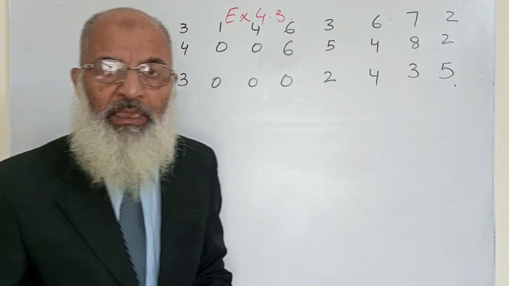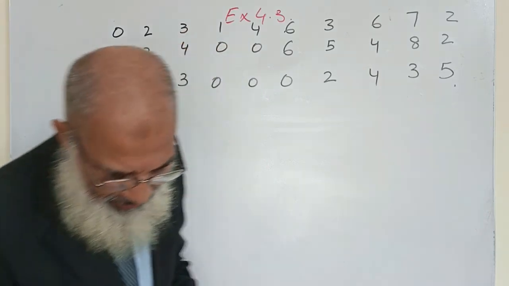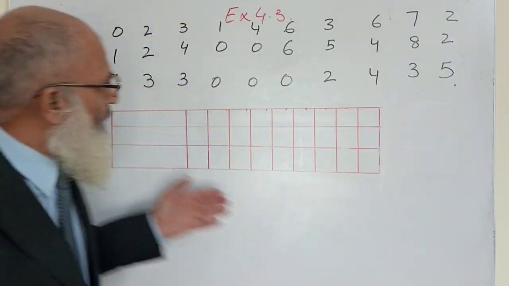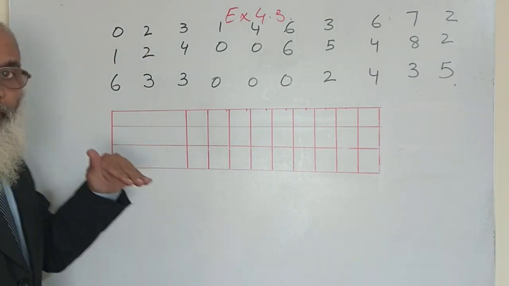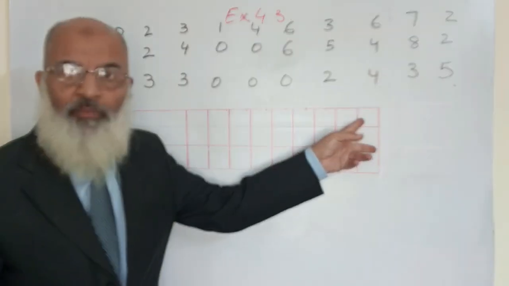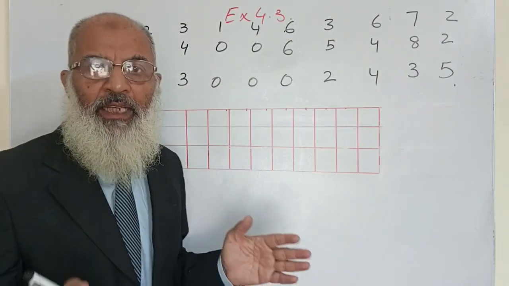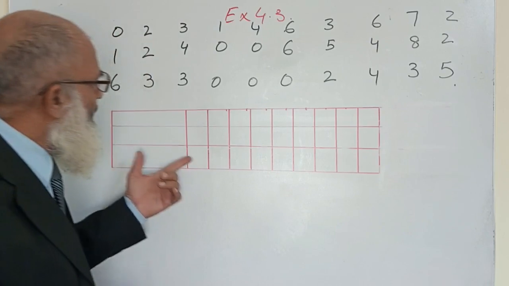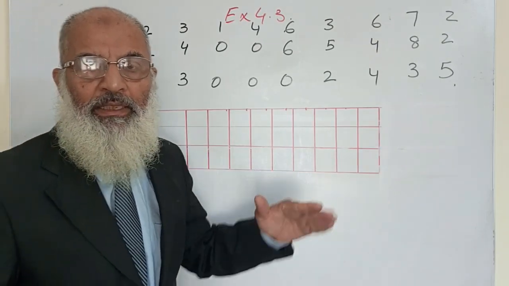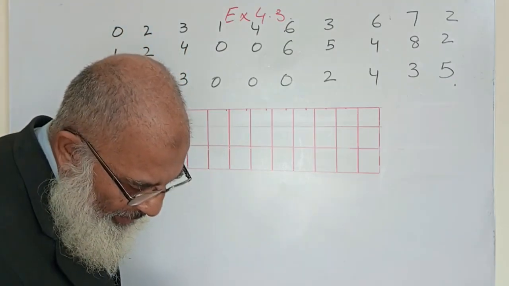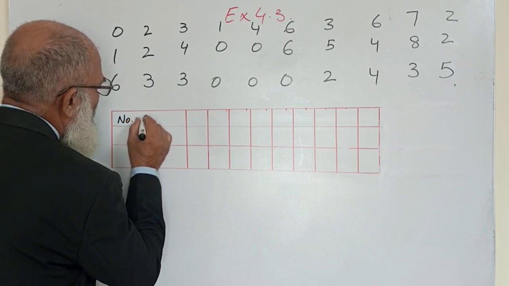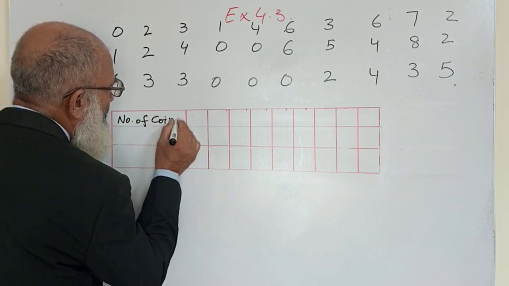Let me draw the table first. My dear students, in your book only 2 rows are given. To cover exercise 4.2, I have drawn 3 rows. The first is the number of coins.